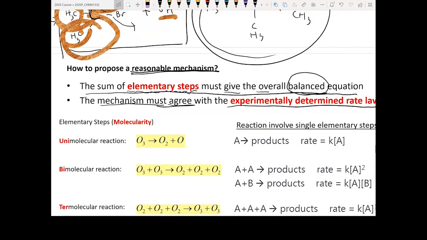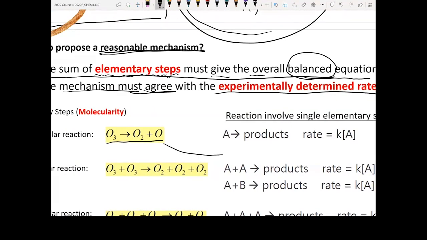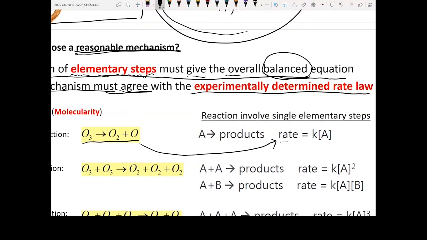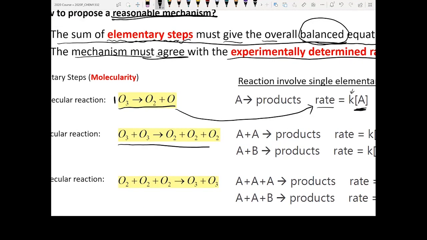For example, if today you have an elementary step like this, O3 becomes O2 plus O. If this is an elementary step, then your rate law will simply equal a rate constant k times [O3] to the first power, because the coefficient is 1. If the elementary step is like this, O3 plus O3 gives you 3 O2, we can write this as 2 O3 becomes 3 O2.